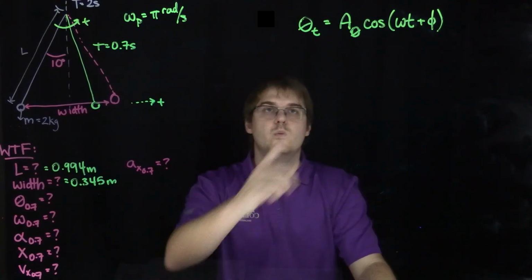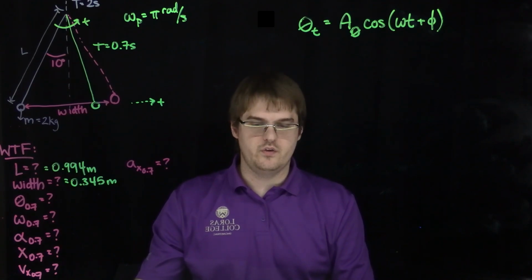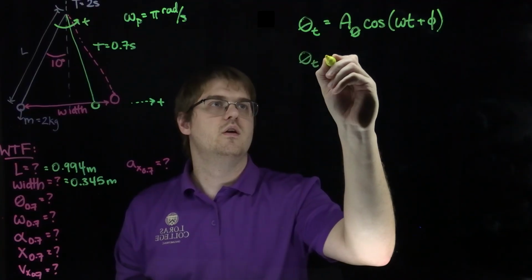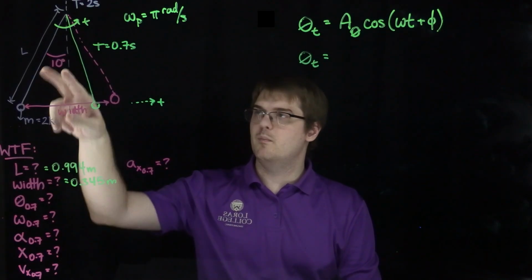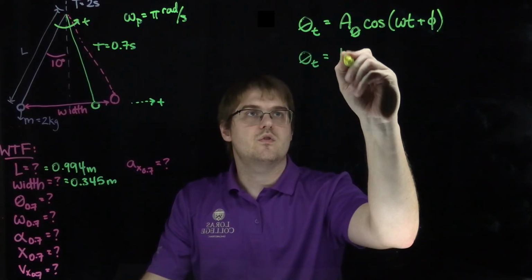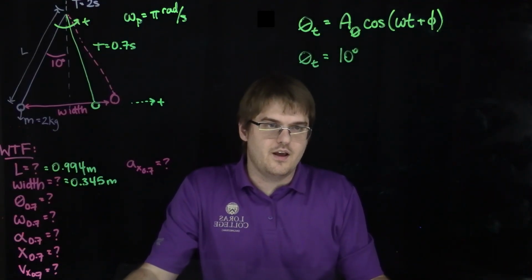With that, we have theta of t is equal to a theta cosine of omega t plus phi. So we want to know what this theta of t is, and we need the amplitude. Well, our amplitude, our maximum angle, is 10 degrees. I can write this as degrees or radians in this case.